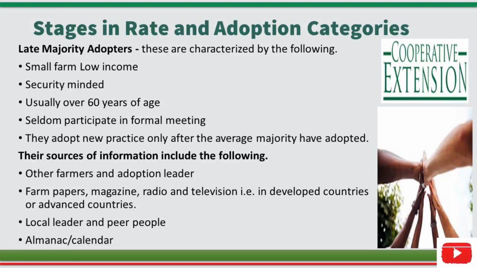Then we have late majority adopters. Their characteristic is that they have small farms, low income, and are security minded. That means they are very careful. Usually over 60 years of age, they don't rush to adopt new things. They seldom participate in formal meetings. They adopt new practices only after the average majority have adopted them.